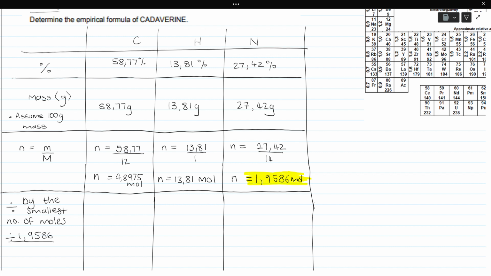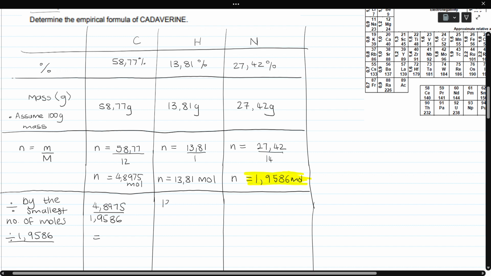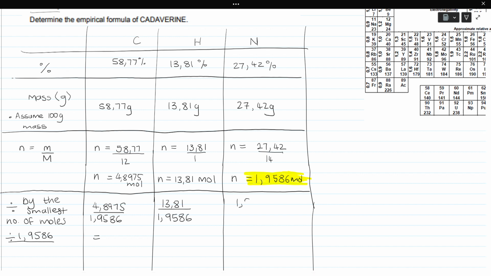Okay, so we're dividing here by 1.9586. So if we take 4.8975 and we divide by 1.9586, we should get an answer. Same thing here. I'm just writing down all the steps in case you need to see them. Okay, so once you put all of this in your calculator, you should be getting your answers here.